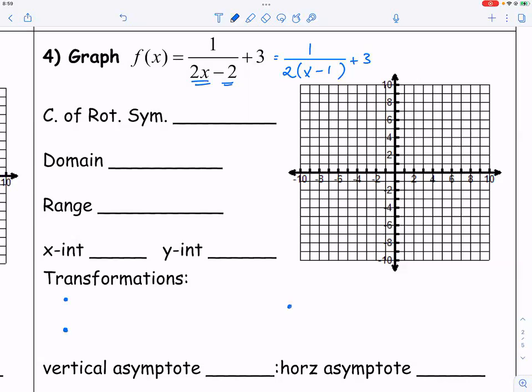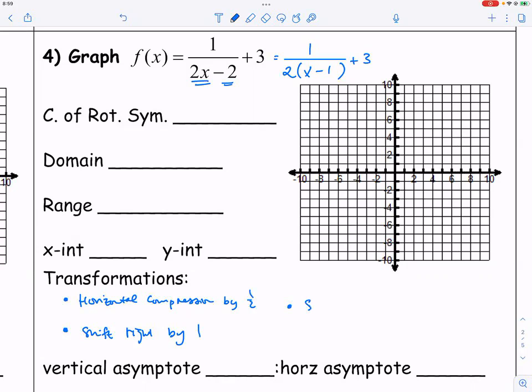So there are 3 transformations right here. First, there is a horizontal compression by 1/2. There's a shift to the right by not 2, but 1.